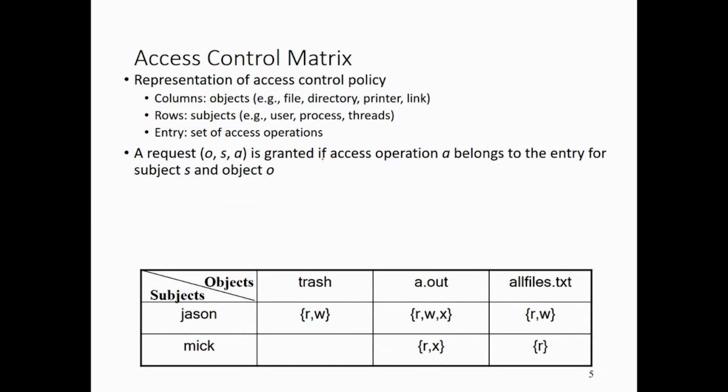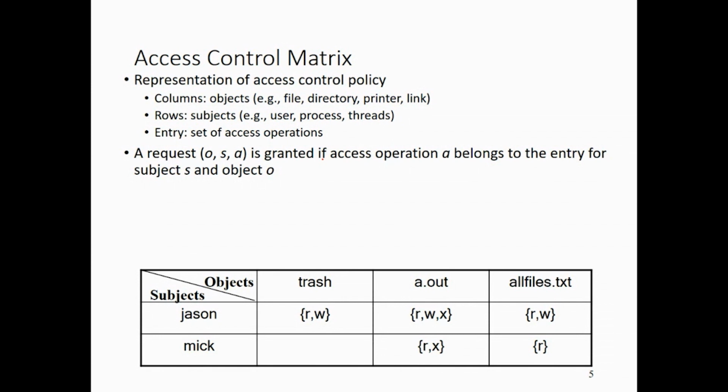This set defines the access operation, for example read, write, and X, which means delete. This kind of access control matrix might be used on the firewall, called user permission. Yes, it is your user permission.